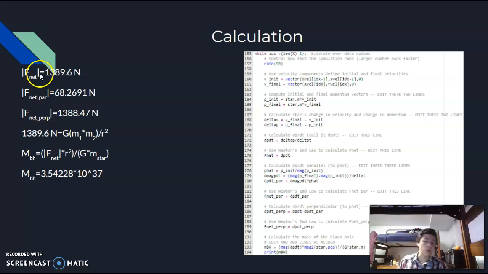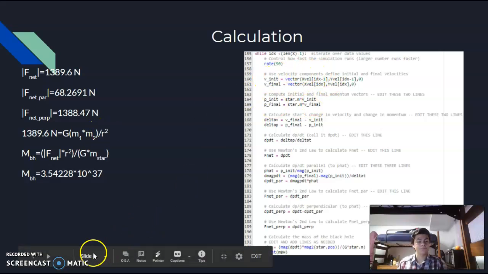Using the total Fnet, we would rewrite our mass equation and set the mass of the black hole equal to our new equation, and we would solve. We would use our Fnet, our position vector, the gravitational constant, and the mass of the star. But for the code, our code was able to output it.